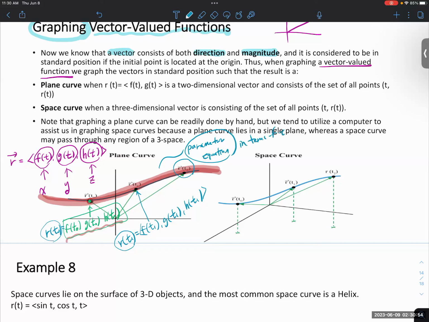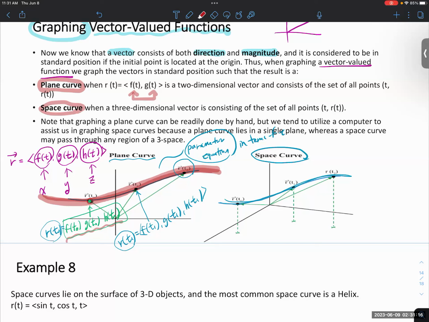Again, a plane curve is when we are dealing with just two components, and a space curve is when you're dealing with more components of the vector value function. So there are two names. Plane curve, you have only two components.